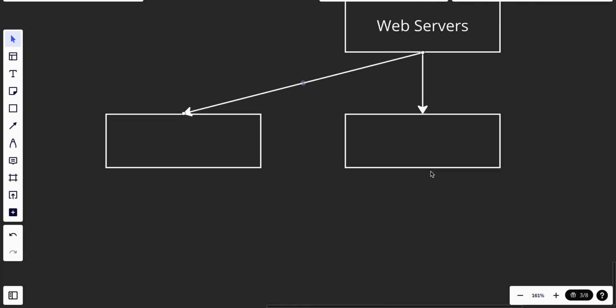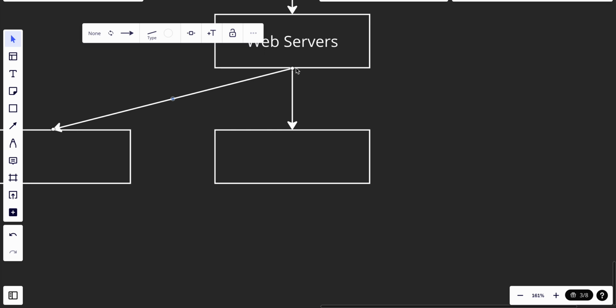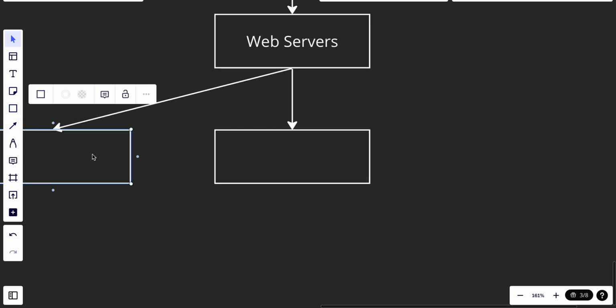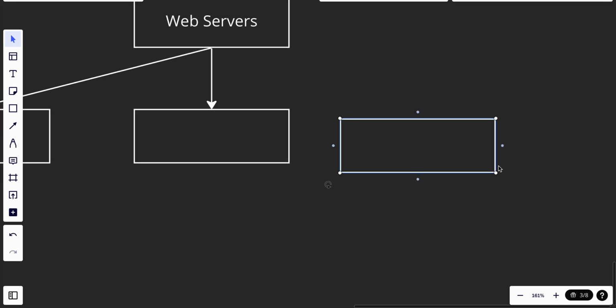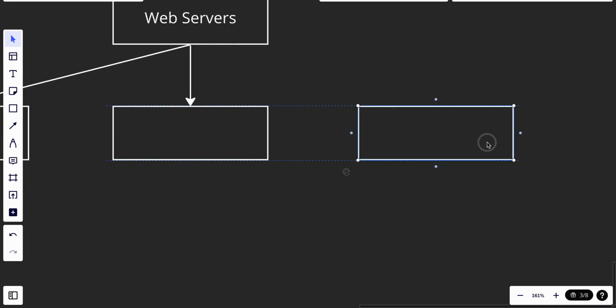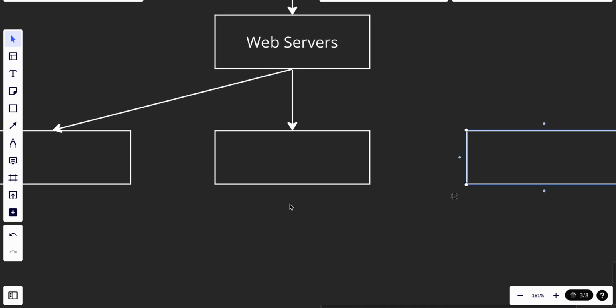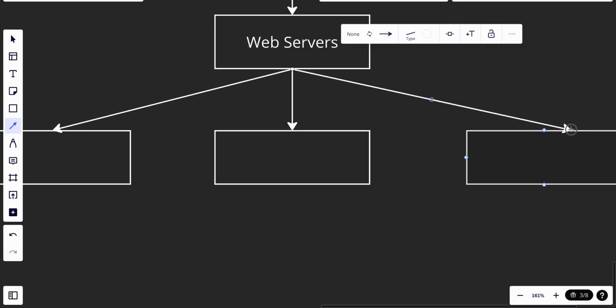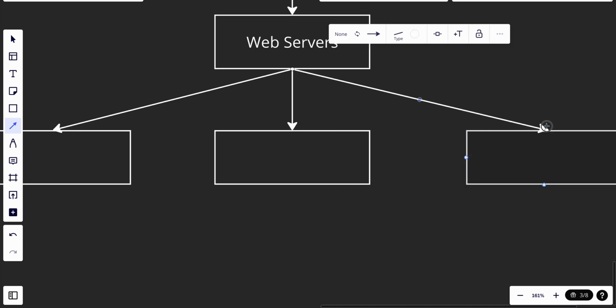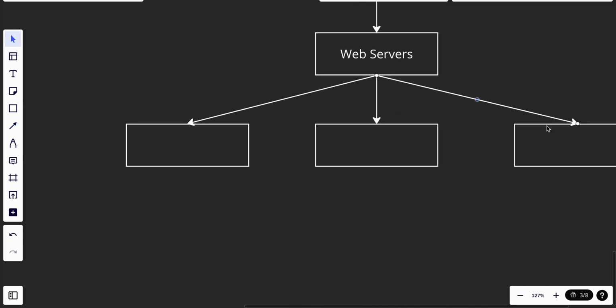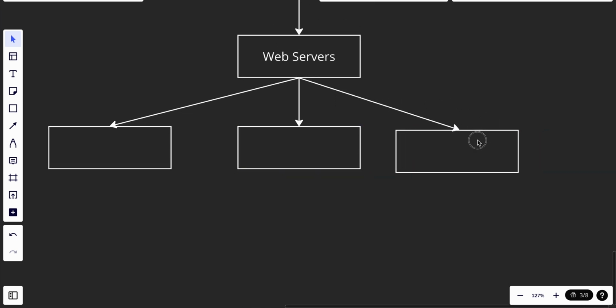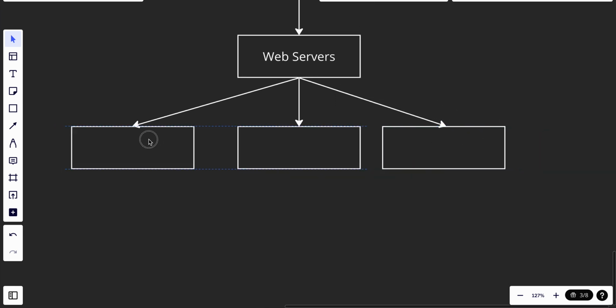Okay, and let's put the third one. And we want another one for it. Okay, so our main three services, let's just make these things quite near to each other.